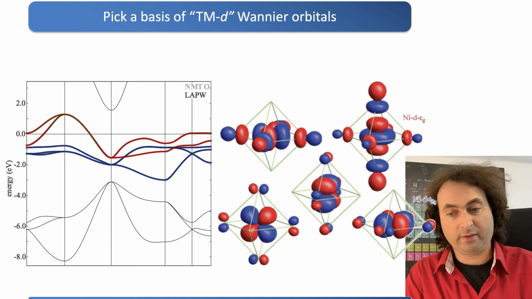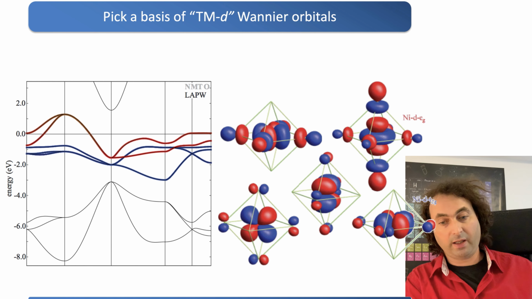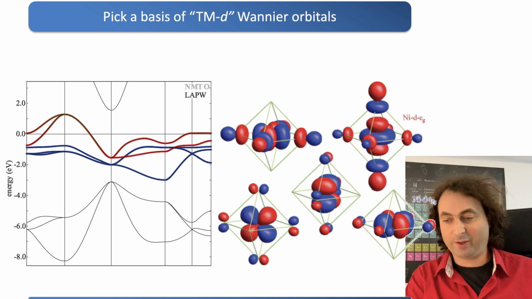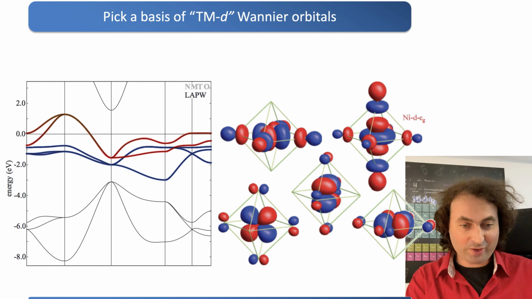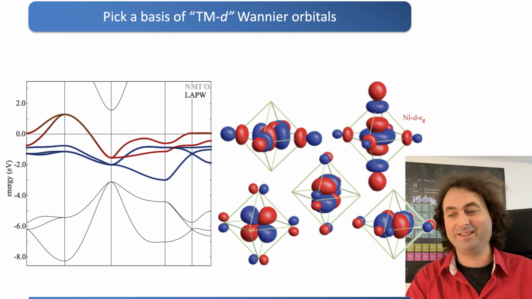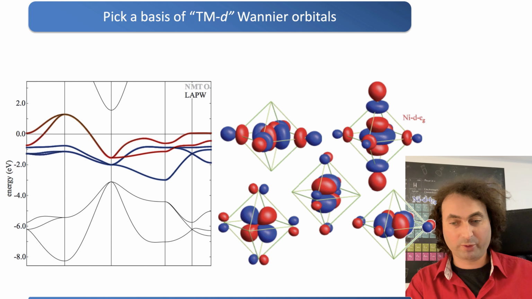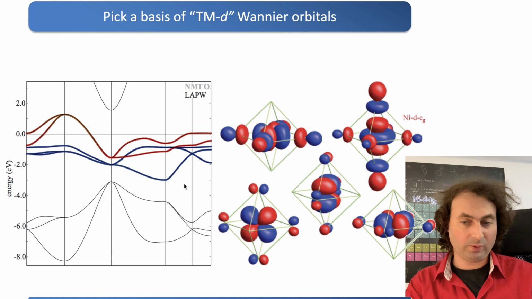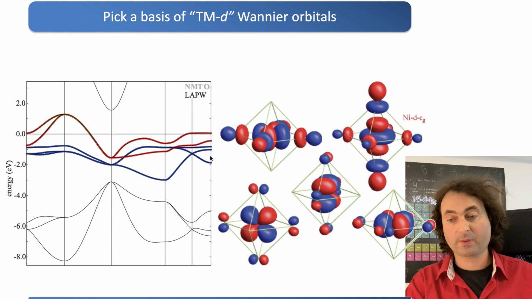Instead of looking at a Hilbert space where we have both the oxygen s orbital, the nickel p orbitals, as well as the oxygen p orbitals and the nickel 3d orbitals, we can also look at smaller Hilbert spaces. For example, look at the Wannier functions where we include only the nickel d bands.